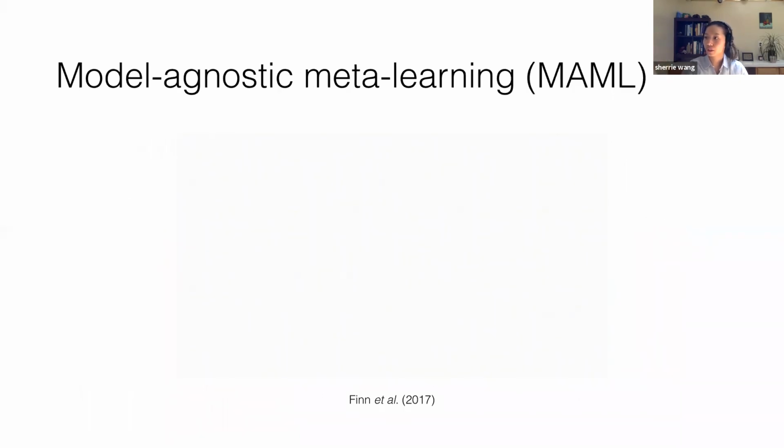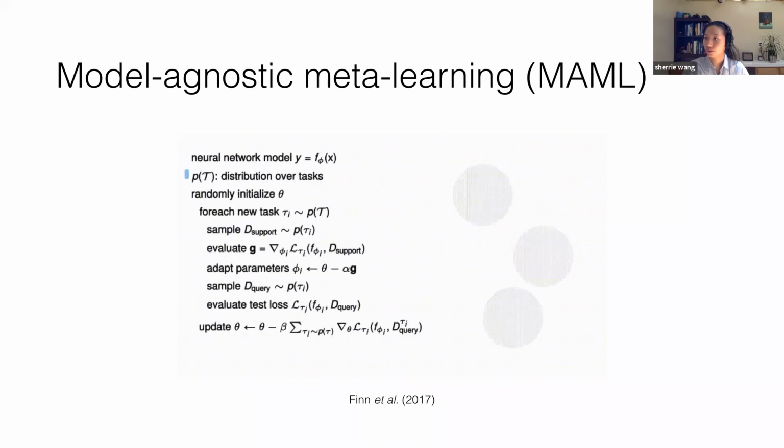So the way that I described meta-learning in the last slide is pretty abstract. And the particular algorithm that we're going to be using is called model agnostic meta learning, and that was introduced by Finn and others in 2017. And this animation shows what this particular meta learning algorithm that we're using actually does.